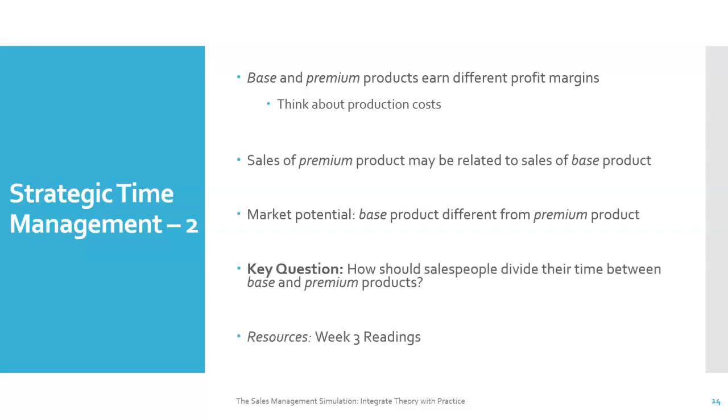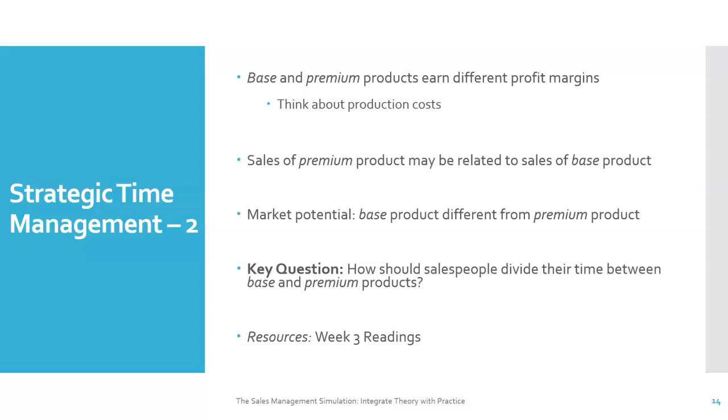Other things to consider: how should salespeople divide their time between the base and premium products? What kind of pricing strategy are you going for? I'm going to double check that y'all's are week 3 readings. Actually, I will just put the reading that I'm thinking about in the materials for the simulation, so you don't have to go back.